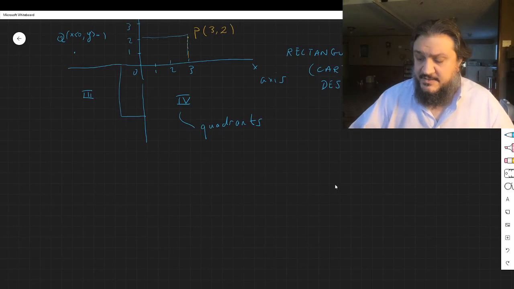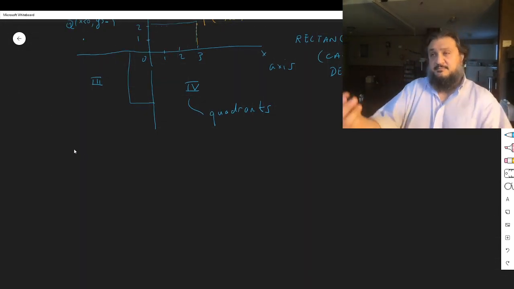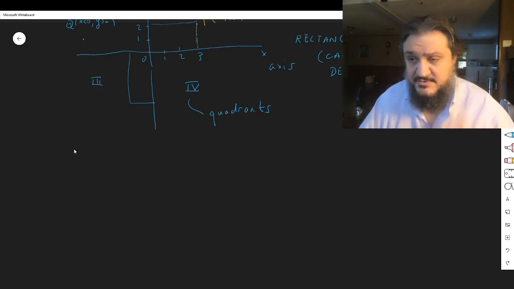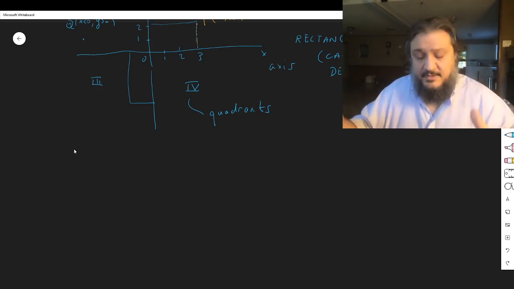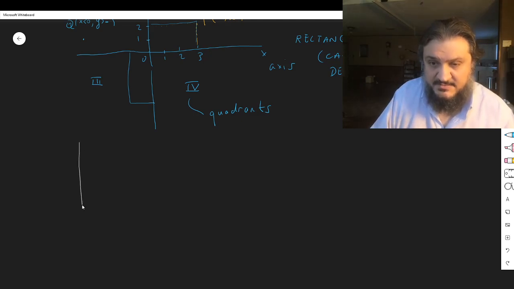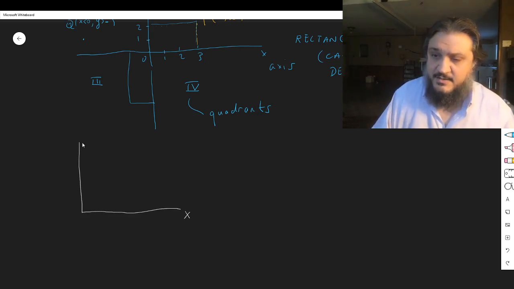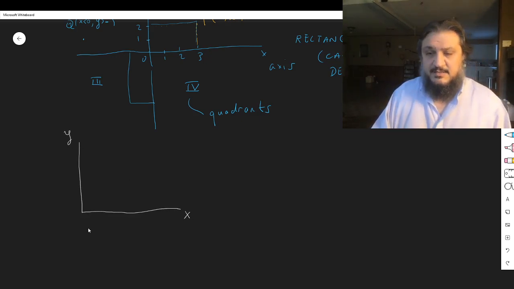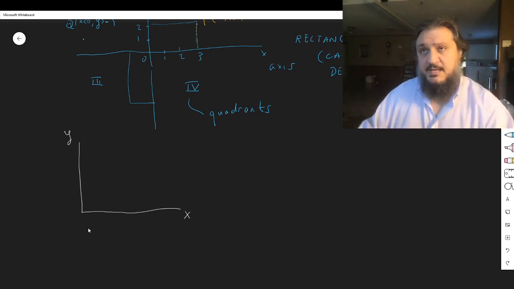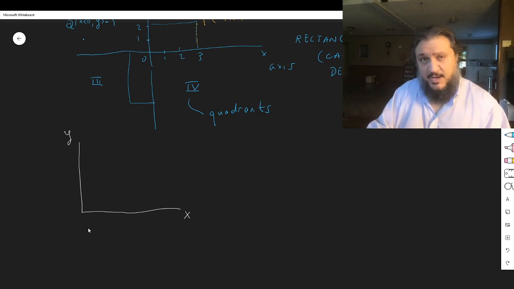All right, so in 3D, you have to visualize it, but when you're drawing it on paper, a paper is a 2D surface, so you have to use your imagination and drawing skills a little bit. So you start with the 2 axes that you already have, which are x and y. Now the third axis will be perpendicular to the plane that is formed by x and y.